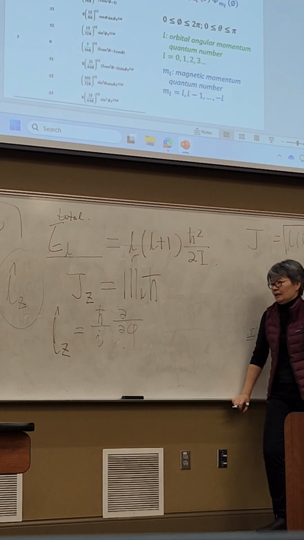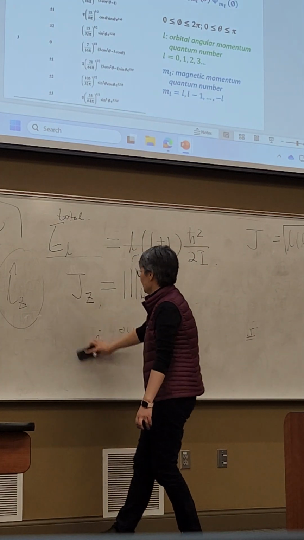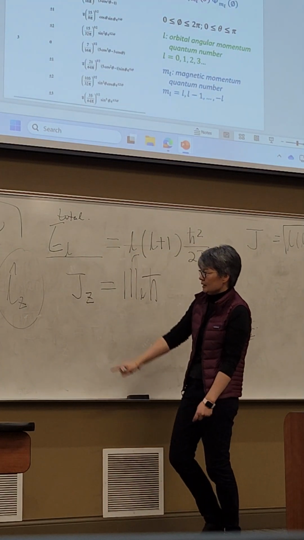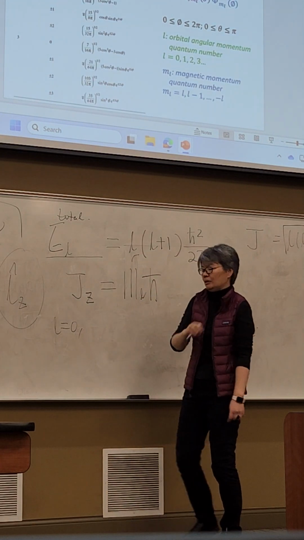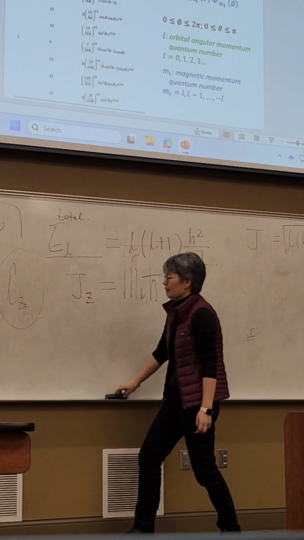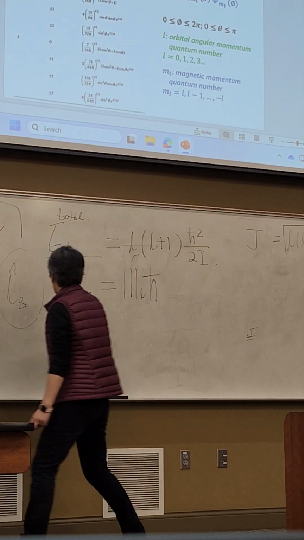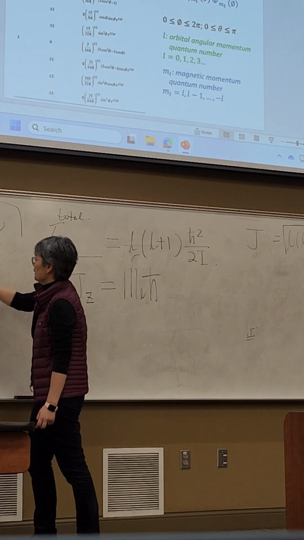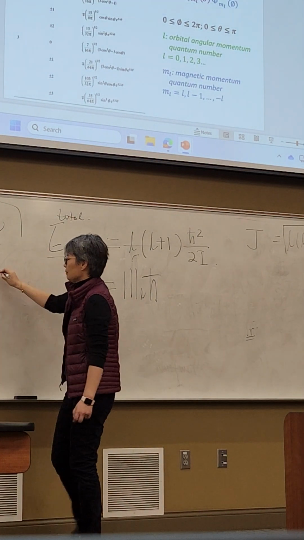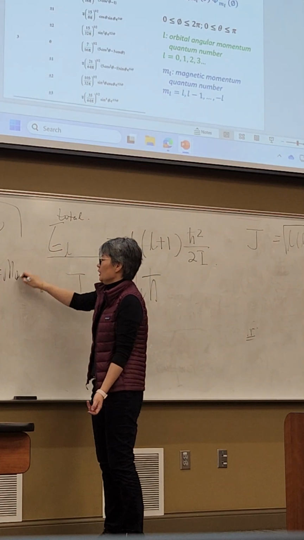Alright. If that is established, then the question is, when the quantum number L equals 0, or let's say you have a quantum state 0, 0, what would be the value of the z component? 0. That is represented by m sub L h bar.